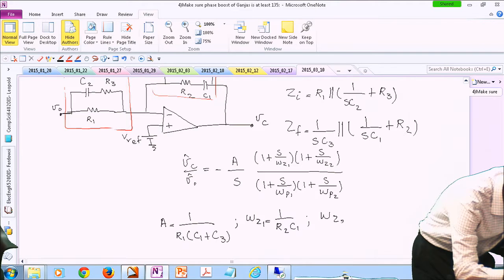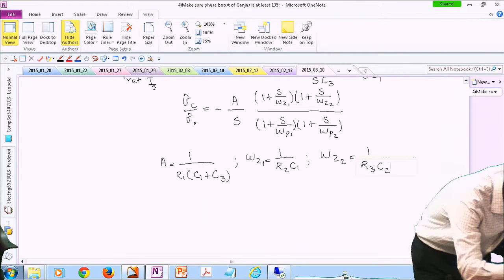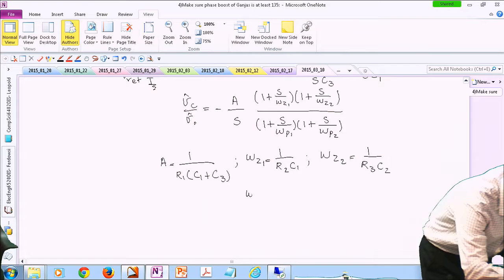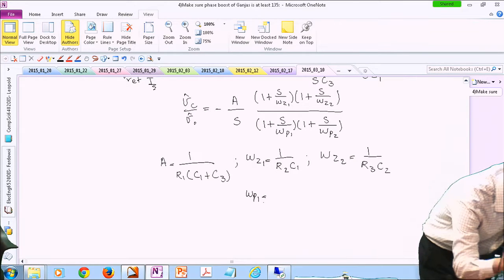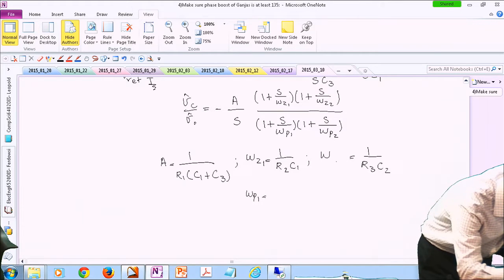Omega Z2 is determined by R3 and C2. And then let's take a look at omega P1 and omega P2. I'm sorry, the one that I wrote up here is actually omega P1.